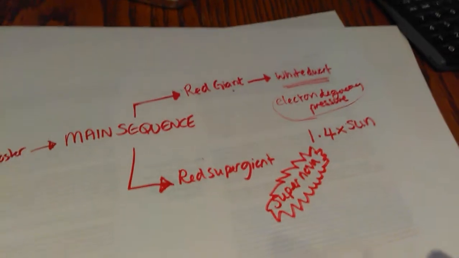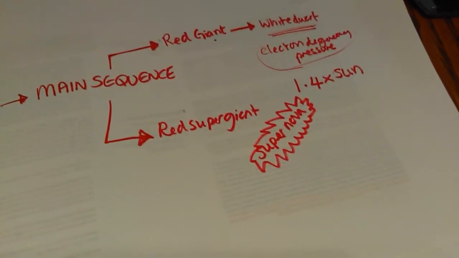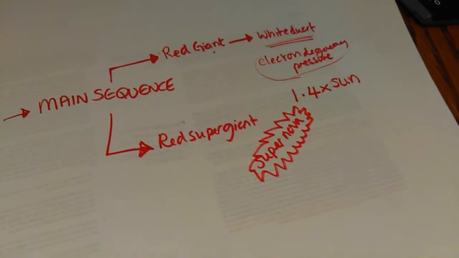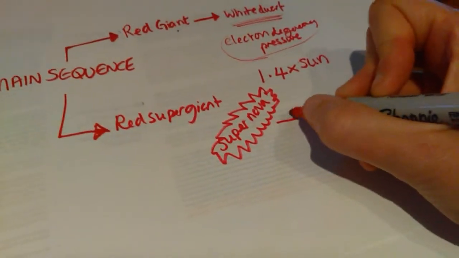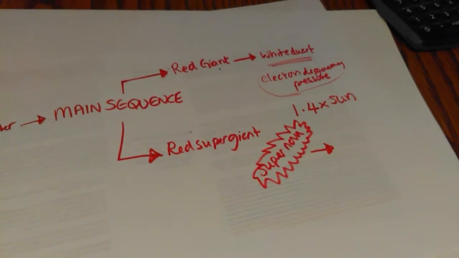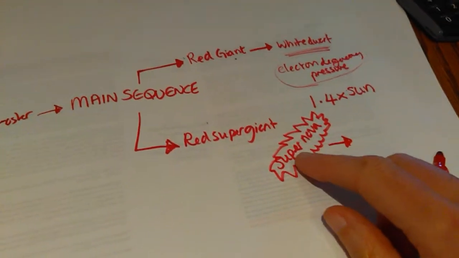As it collapses, the outer layers bounce off and cause an absolutely massive explosion. It sheds loads of stuff out into the universe, and that's what makes up everything. Everything heavier than iron has got to be formed in a supernova.